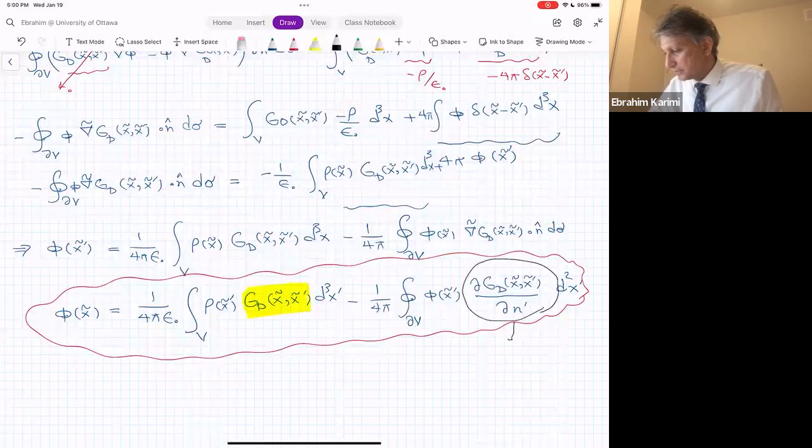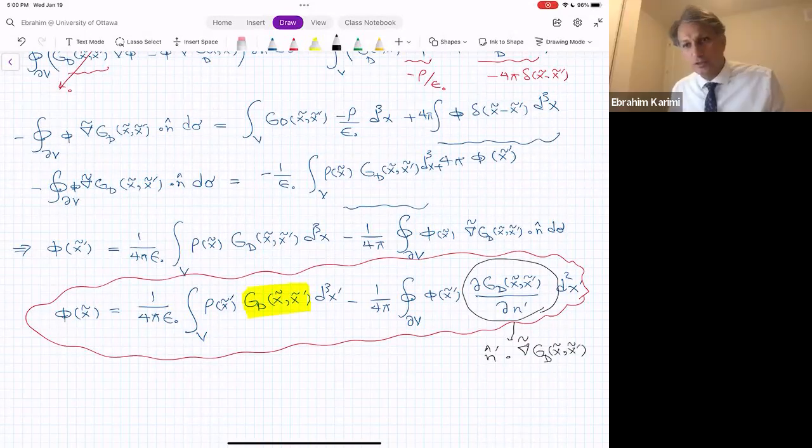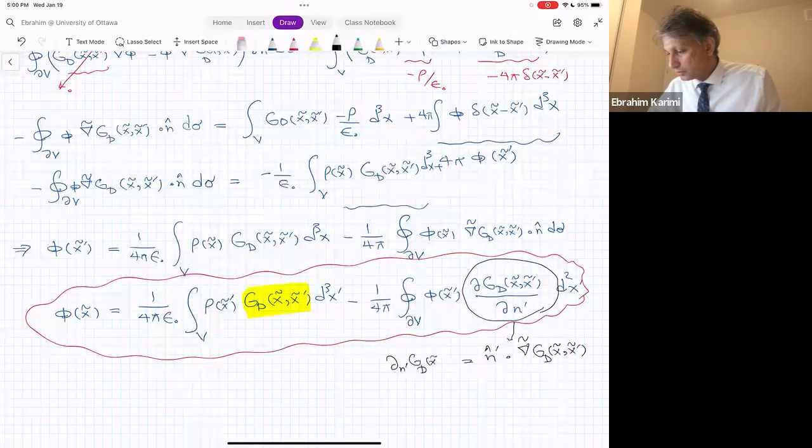This means n prime dot gradient of GD. Okay, this is the notation. People either write it in this way or in this way. They call it directional derivative.